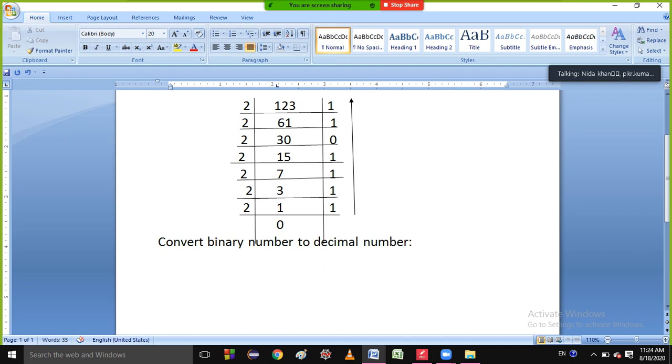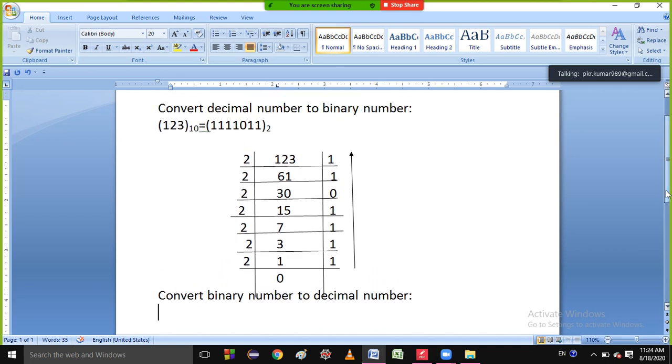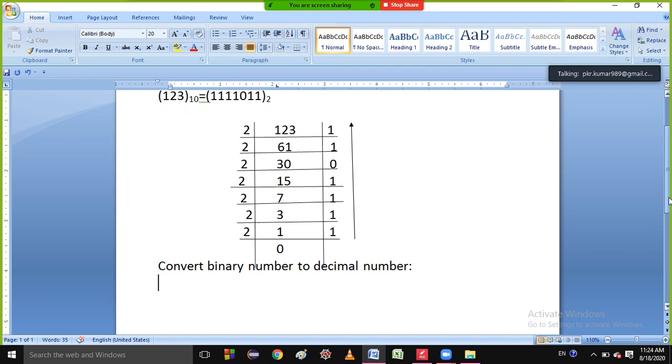So how will you do this? Let me take the same example. This is the binary number, four 1s, 0, double 1. Let me write it over here. This is a binary number, so it will take a base. How much base will it take?